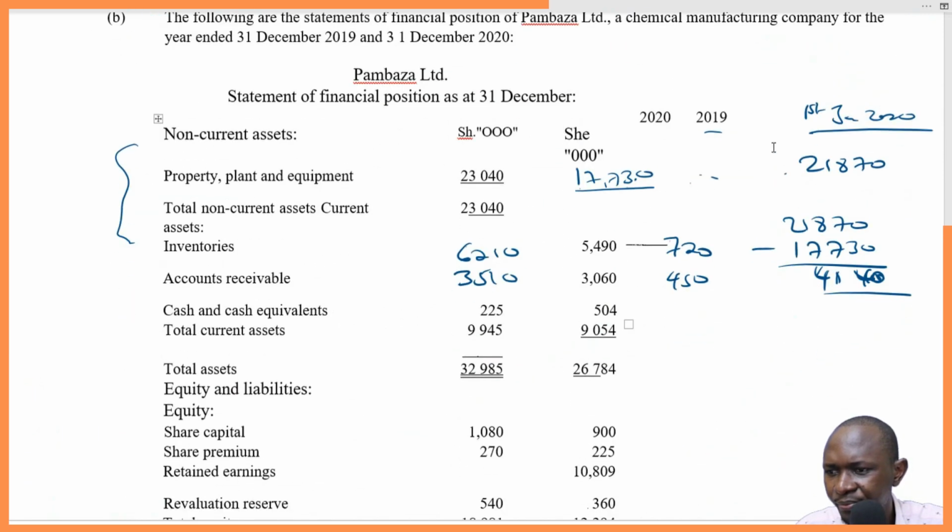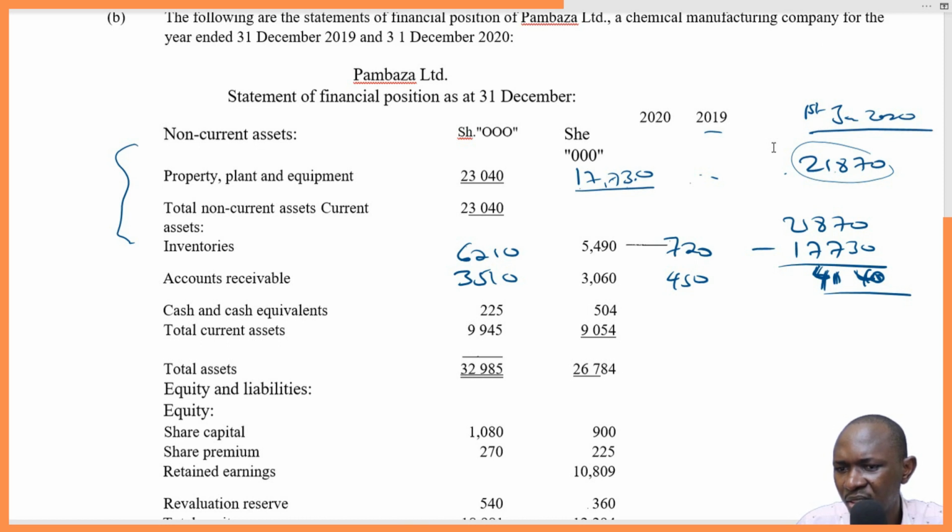I think we have it here. 21870. If we are to assume that we started with this, so it will be 21870 minus 17730, which is 4140. And then we'll close the year with 23040.